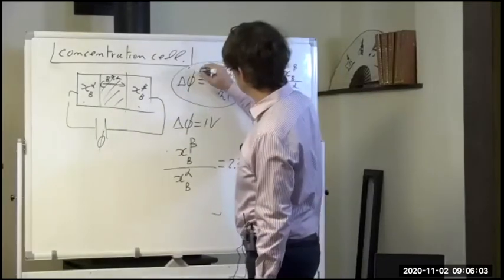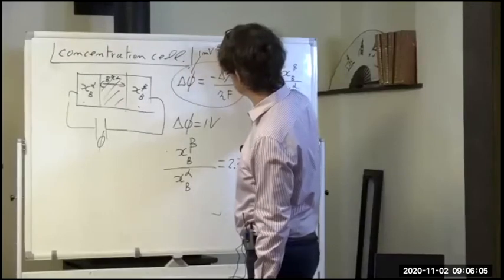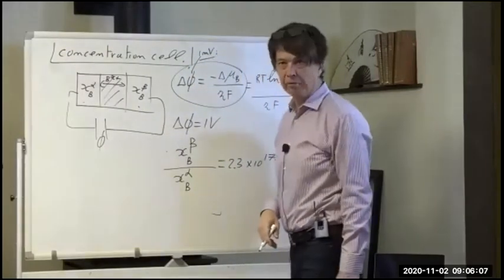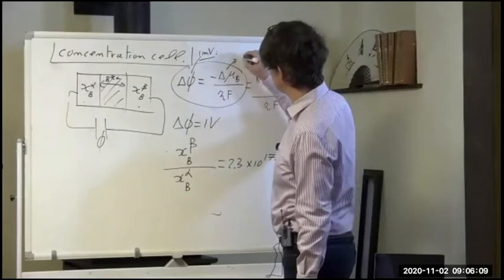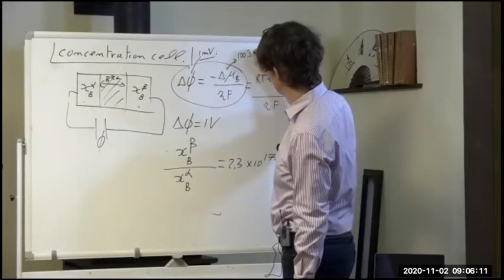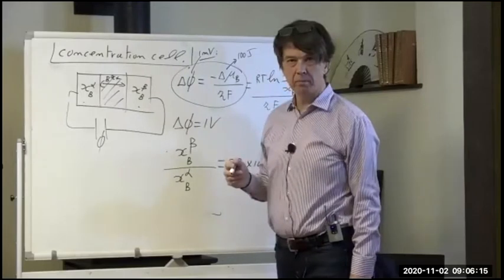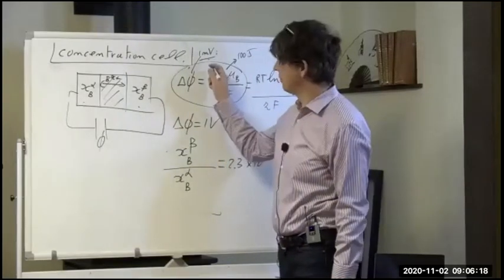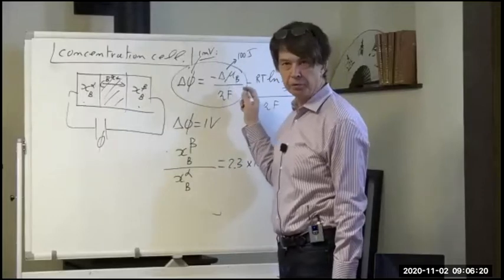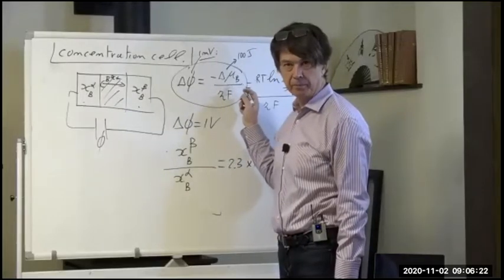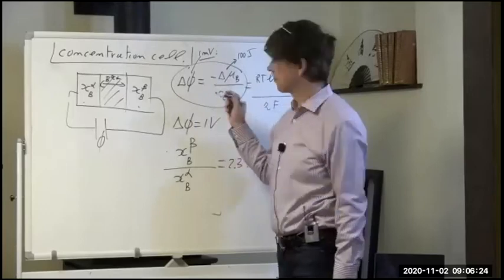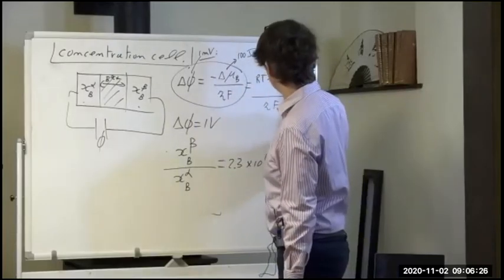So if this is 1 millivolt, so 1 volt divided by 1,000, this is 100 joules. So without any trouble, if I can measure to millivolt accuracy, I can measure to 100 joule accuracy, which is very good. If I go to a microvolt, then I measure 0.1 joule accuracy.